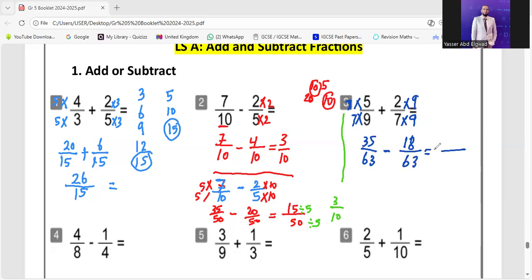We have to subtract. If you subtract them, we get 17 out of 63.